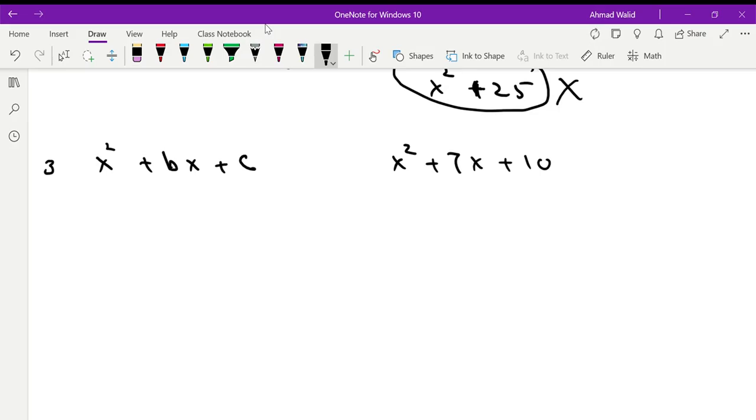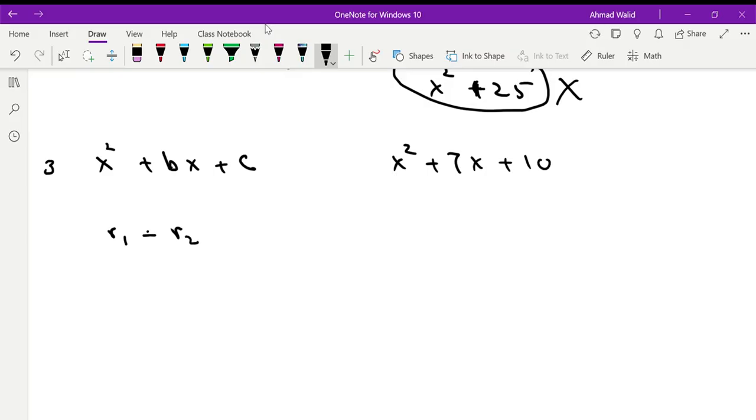Choose two numbers. Later I will use R1 and R2. Anyway, I'll explain what is R1 and R2. For the time being, just remember, choose two numbers, R1 and R2, or you can name them anything, but I used R1 and R2. How to choose these?